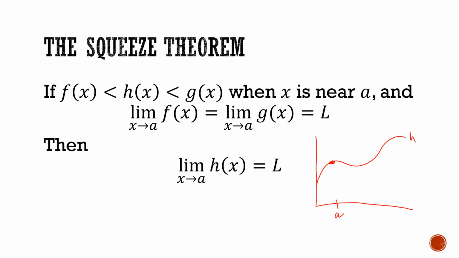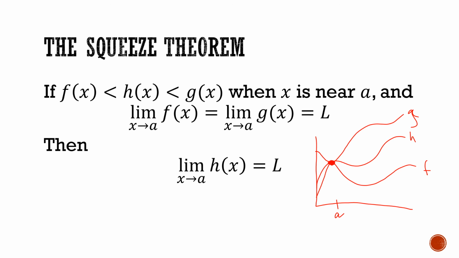Let's call it g. And we had another function, maybe something like that. Well, let's call that f. If we have two functions g and f that are around h, and f equals g at this point A, so they're actually touching each other at that point, and h is in between them, if we know the limit of f and g, we could also find the limit of h.